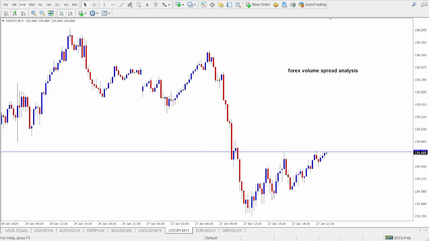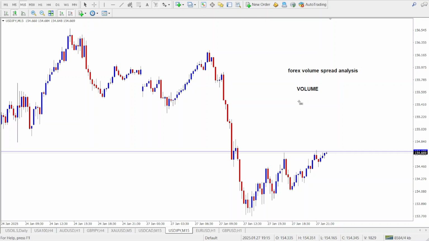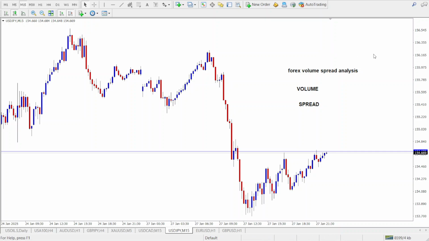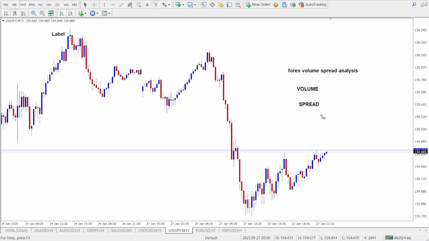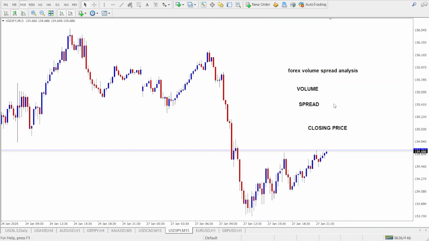VSA for short is a method that examines the relationship between three key elements: volume, spread, and the closing price of a candlestick.